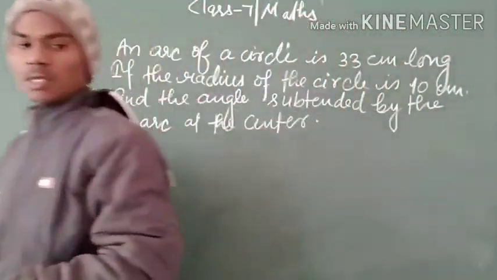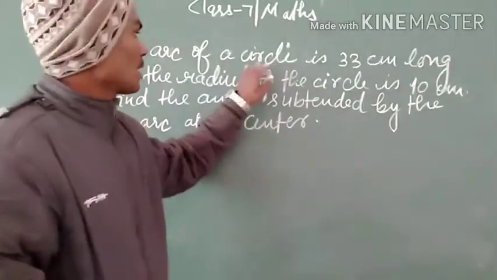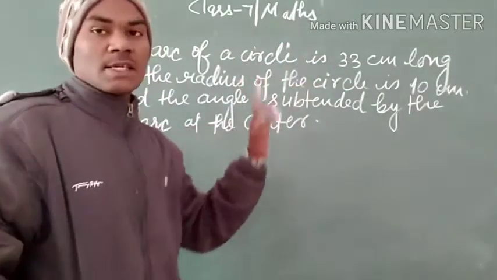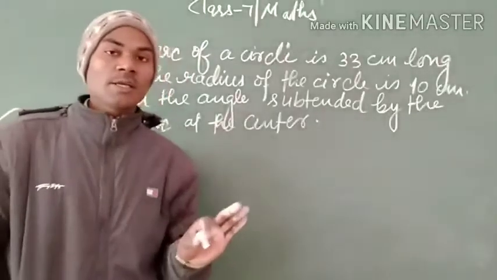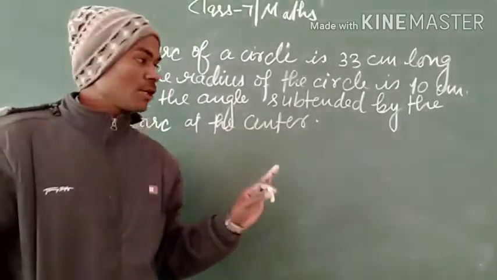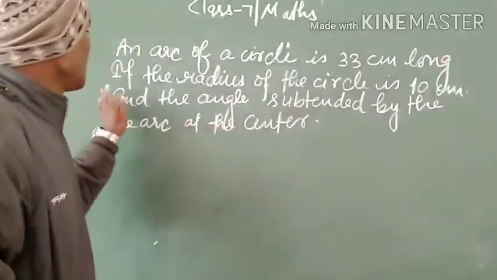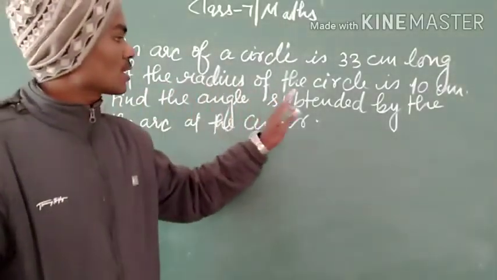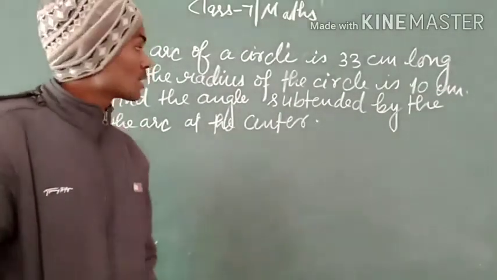Okay, so this is the given question, and now let's see what the question wants to say. The question says that an arc of a circle is 33 centimeter long. Here, the length of the arc is already given. And the radius of the circle is 10 centimeter, so the value of r is also given.